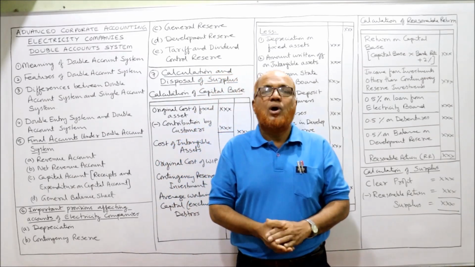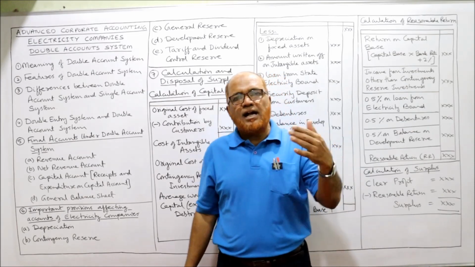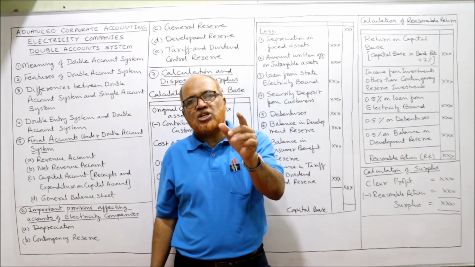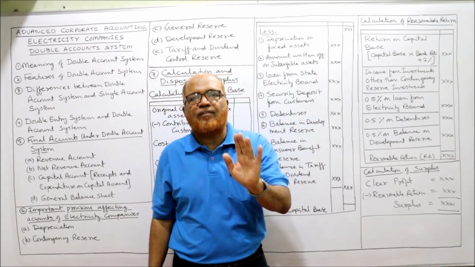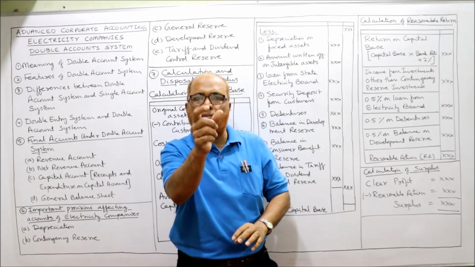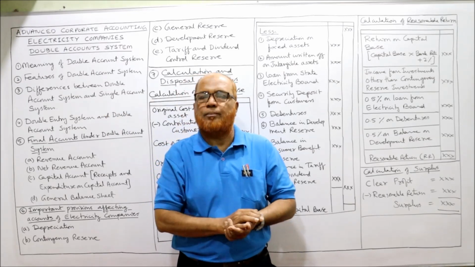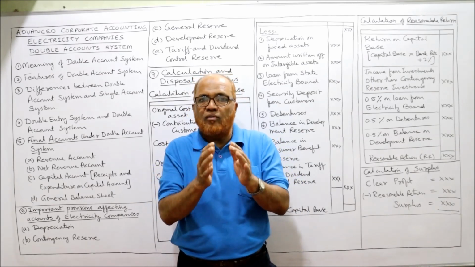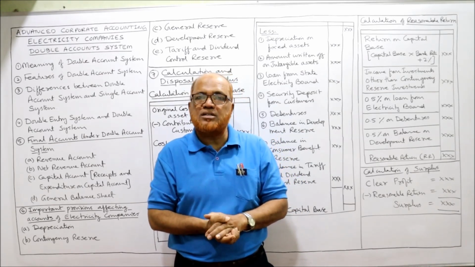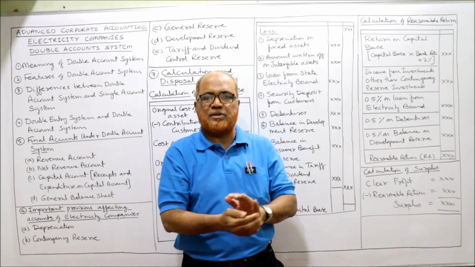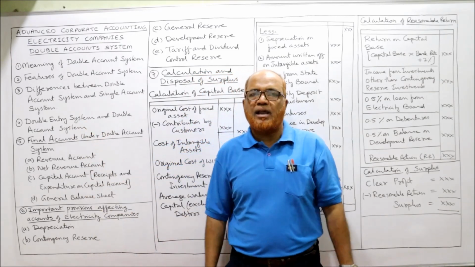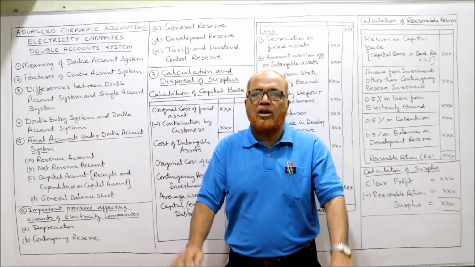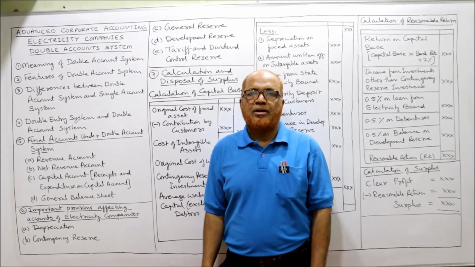That is the difference. One more difference, in single account system, the depreciation will be deducted from the asset and the net amount will be shown in the outer column. In single account system, always written down value of assets will be shown, written down value after deducting depreciation. But here in case of double account system, depreciation will not be deducted.